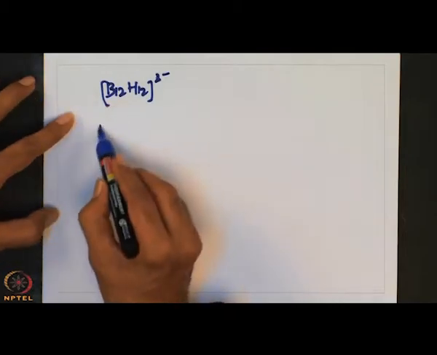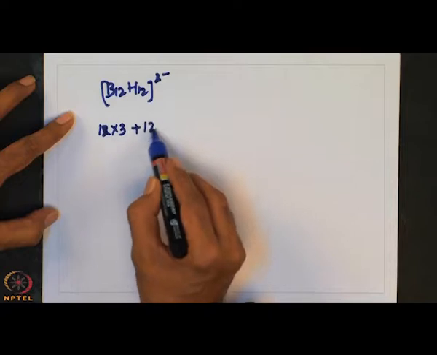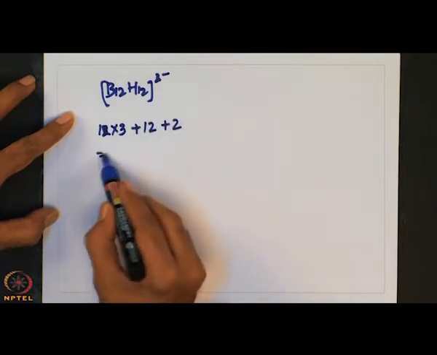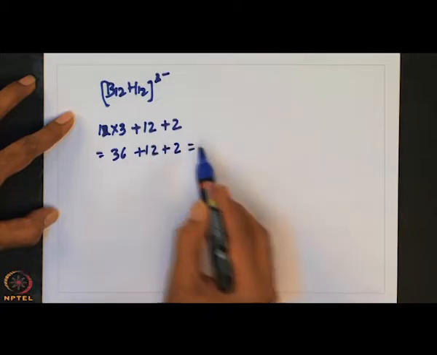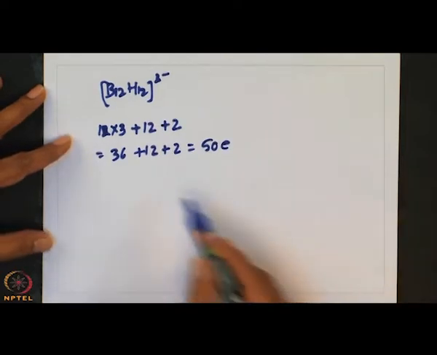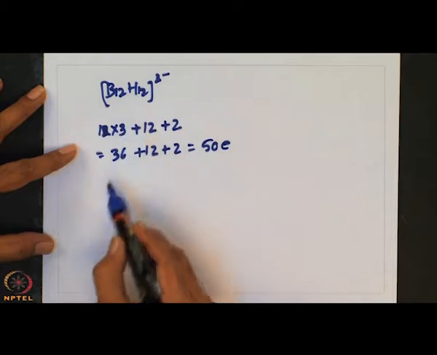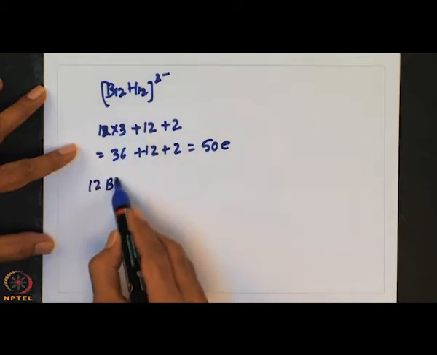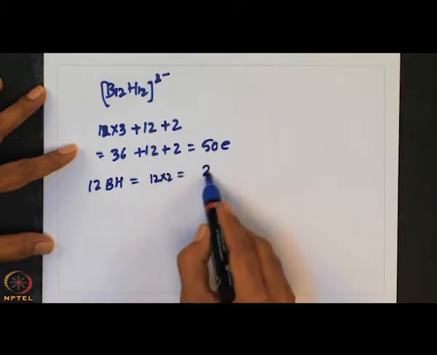So, 12 into 3 plus 12 plus 2 charge. 12 into 3 is 36, plus 12 plus 2, so in total we have 50 electrons. Out of 50, we have to deduct 24 electrons for 12 BH bonds, 12 into 2 equals 24.